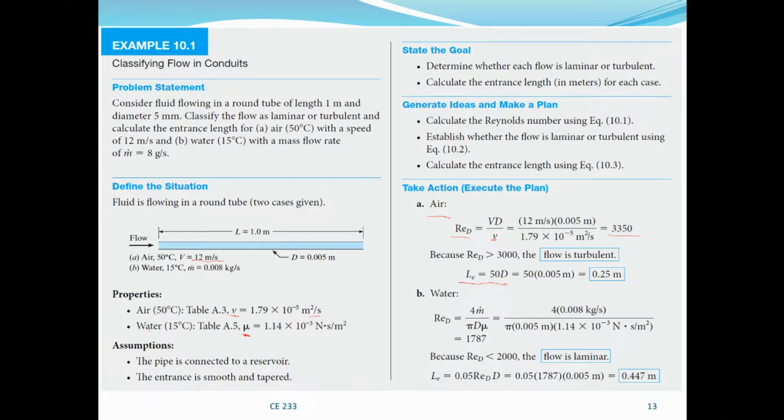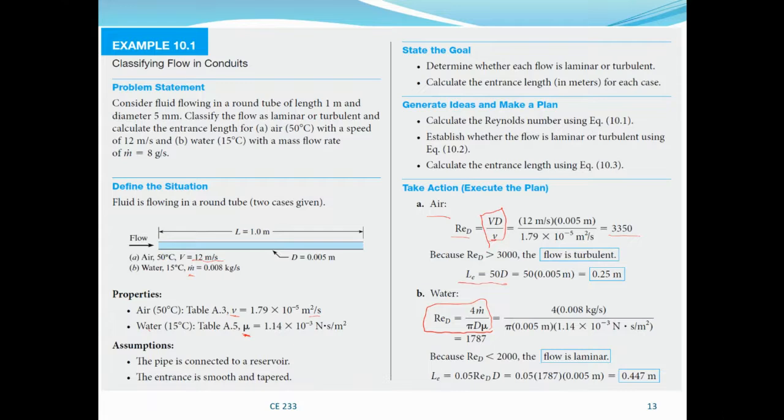Now, when we have water in the second case, we use a different form because we were given the mass flow rate. So we use the Reynolds number formula which has the mass flow rate. We can derive this from the basic one by changing the velocity to Q and changing Q to mass flow rate. Simple.